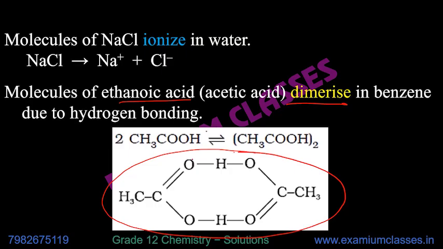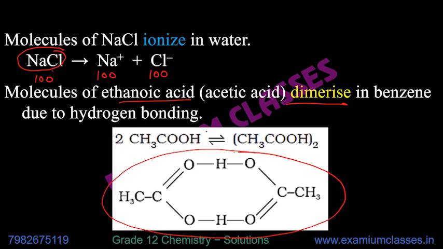I said colligative properties are those properties which depend on the number of particles, not the nature of particles. So if something gets ionized, and NaCl gets ionized almost 100%, if you have 100 molecules of NaCl, you will actually have 200 particles after ionization.